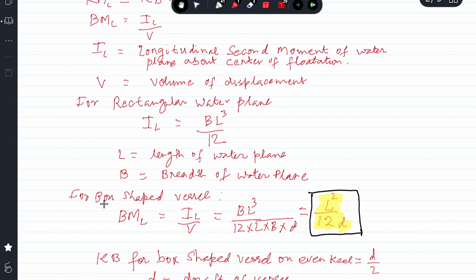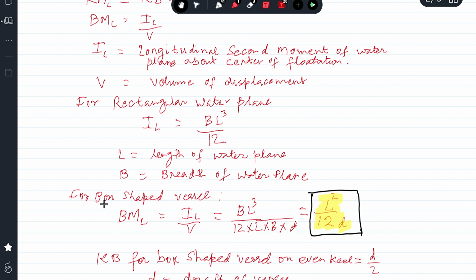And for box shaped vessels, BML is equal to IL upon V. V is the underwater volume of displacement. So that will be length into breadth into draft for a box shaped vessel. So the formula becomes BL cube upon 12 into LBD. D is the draft. So if you cancel out, it will become L square upon 12D.